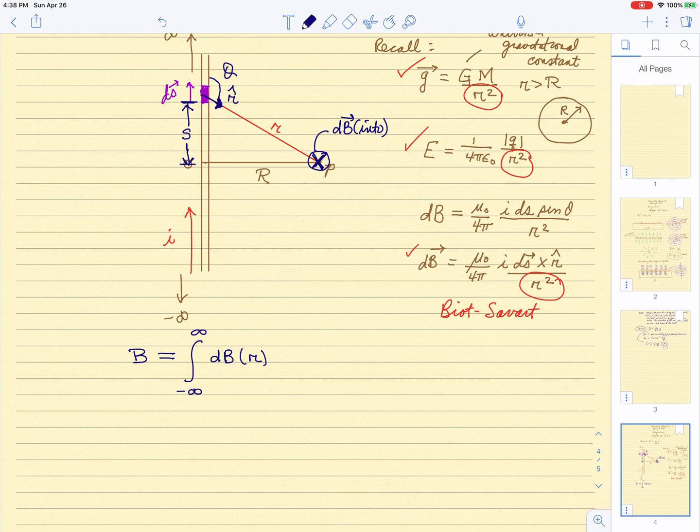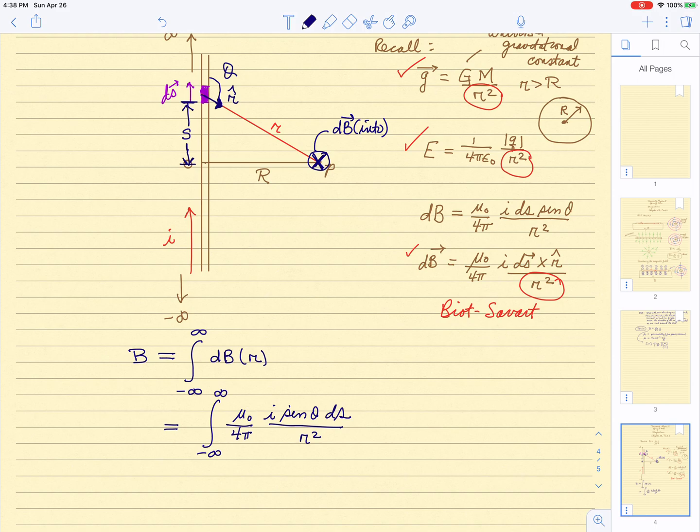And so this will be mu naught over 4 pi, I times the sine of theta ds over r squared. Now, we could have done this derivation a couple of ways, and I'm just going to work out the details of the one that's in your textbook.